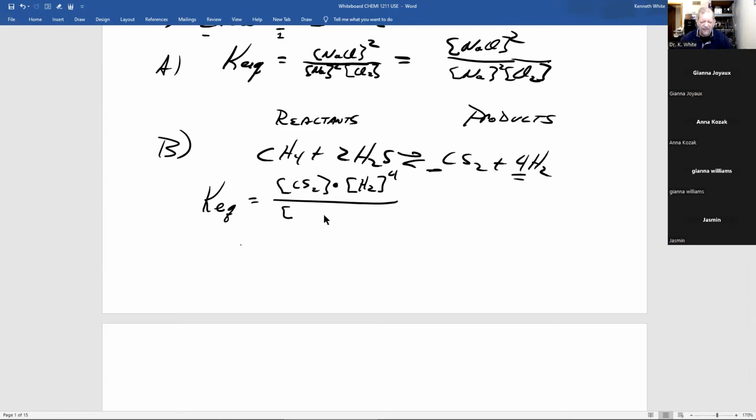Underneath, the first reactant, CH4, called methane, the coefficient is 1, so you don't have to put anything there, times the concentration of hydrogen sulfide, which is also stinky, and the coefficient is 2.